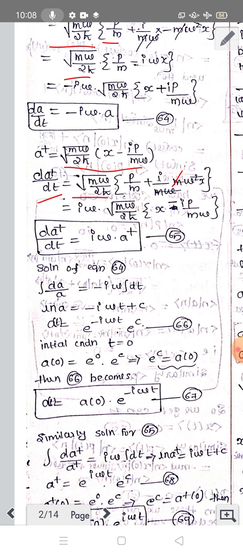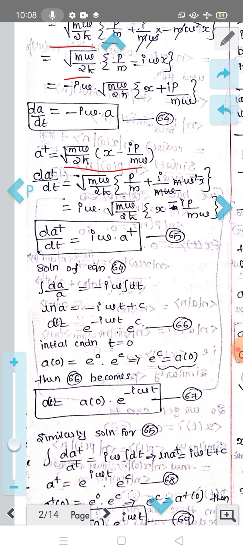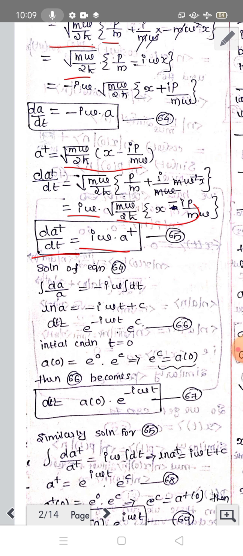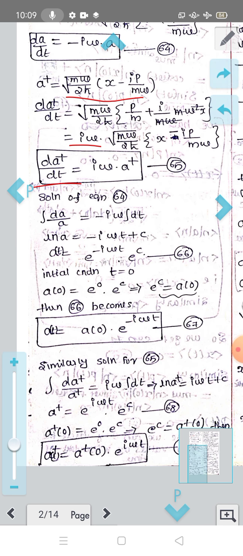Cancel m and m, ω and ω, we will get i ω into root of m ω/2ħ into x minus ip/(m ω). That is dA dagger/dt is equal to i ω A dagger, because this term is A dagger, which is the creation operator.